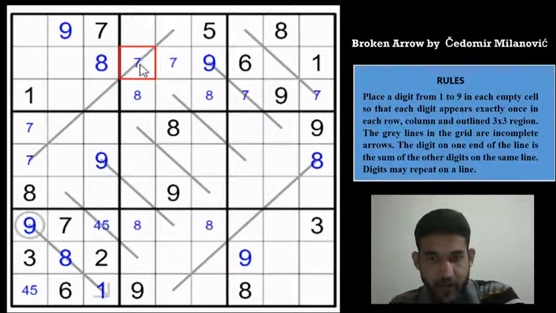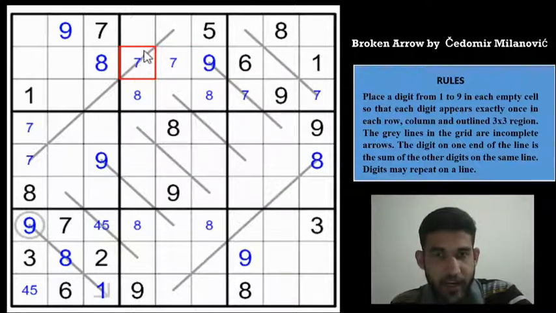Can you have the 7 here? No, right? If you look closely, if you were to have the 7 here, 7 becomes part of the total, and regardless of whether you have the circle at this end or this end, you will reach a total greater than 9. So let us assume the circle is here. So 7 plus 1 is 8, and the minimum digit here is 1 and 2, which is 3.